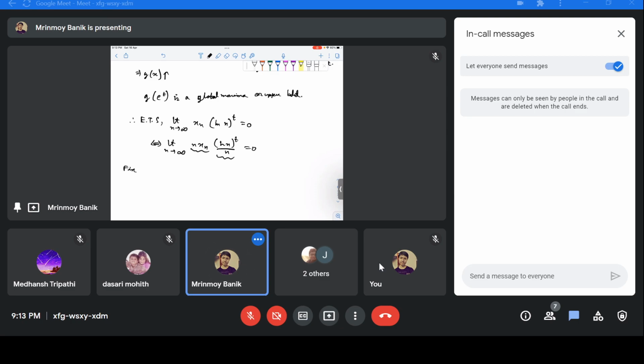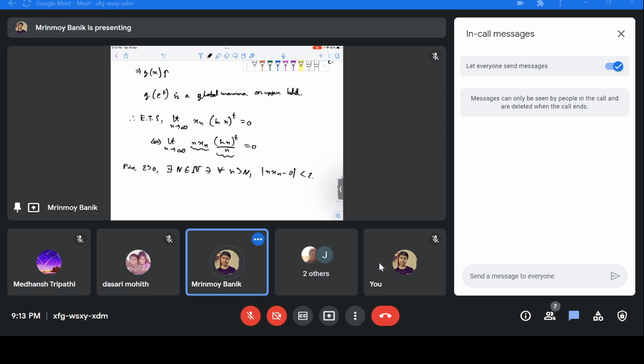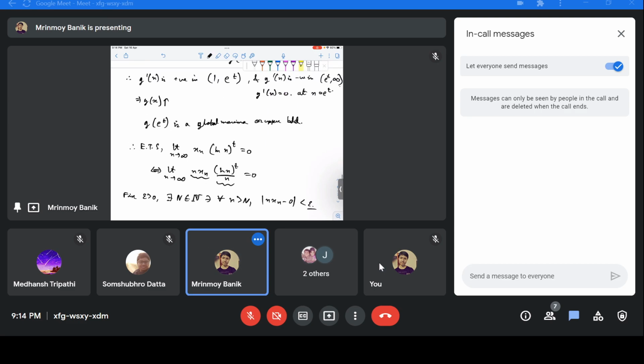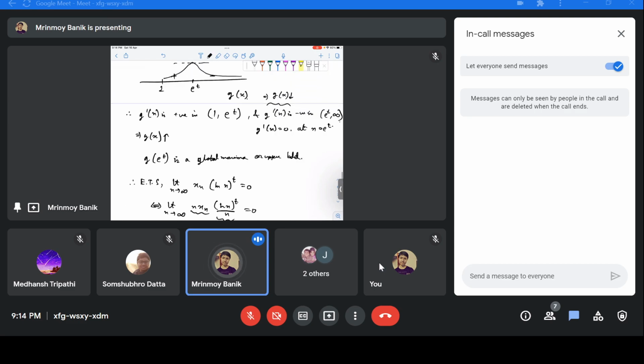So fix epsilon positive. By definition, there exists a natural number capital N such that for all n greater than capital N, the distance between n xn and 0 is less than epsilon. Not epsilon, we have to, let's call this thing m.